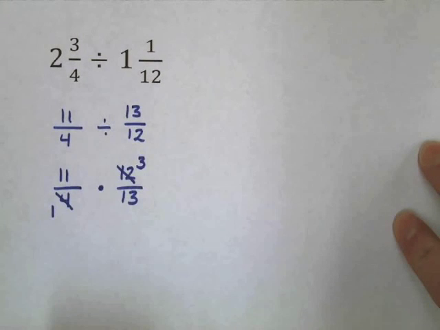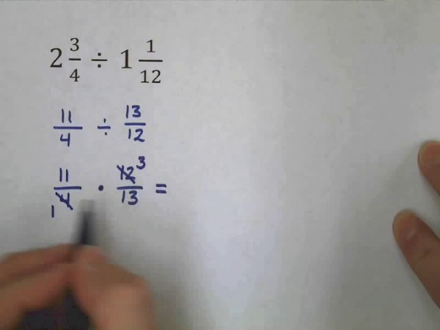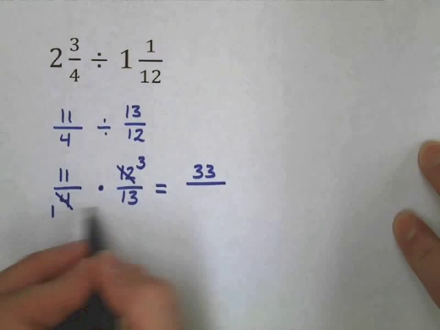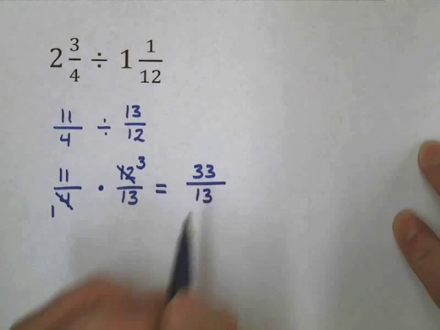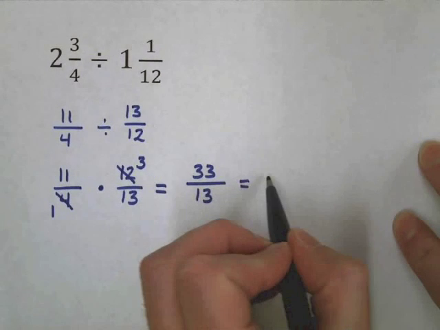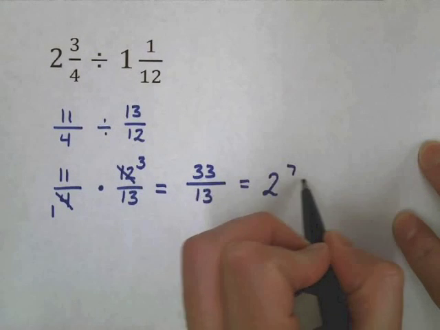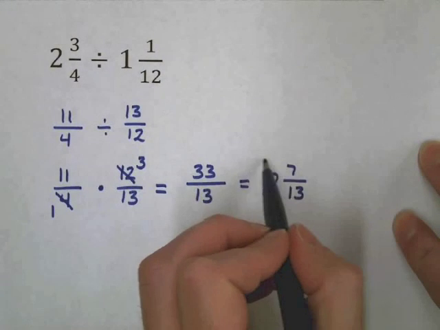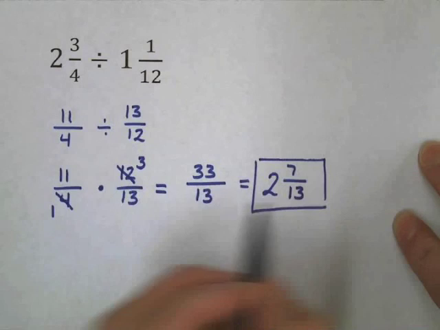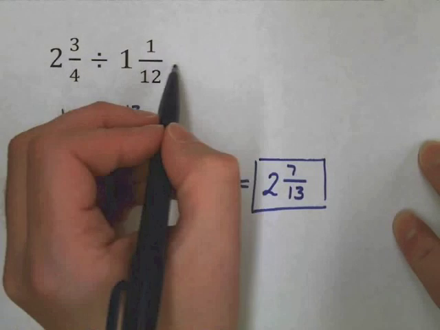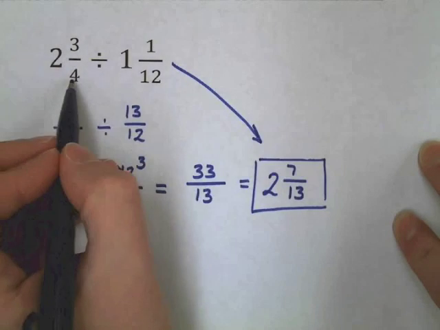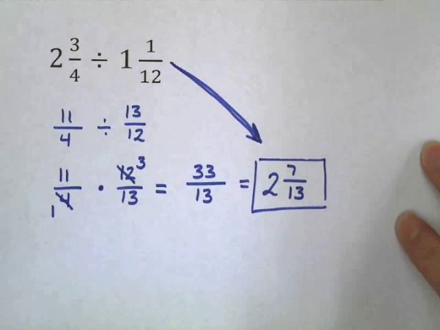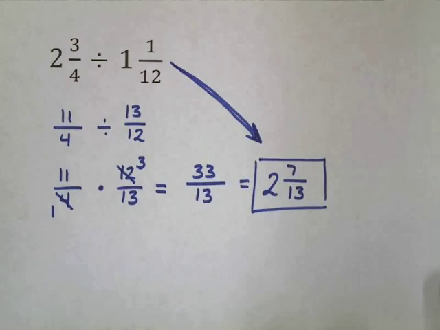So I'm going to go ahead and do that and multiply out. 11 times 3 is 33, and 1 times 13 is 13, and 33/13 is equivalent to 2 and 7/13 when I simplify it. So the solution to 2 3/4 divided by 1 and 1/12 is 2 and 7/13.